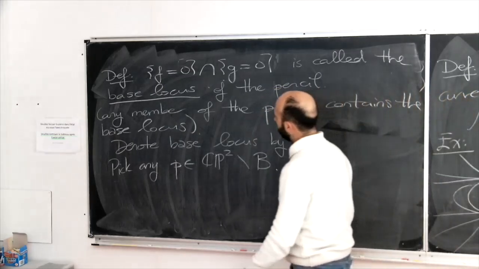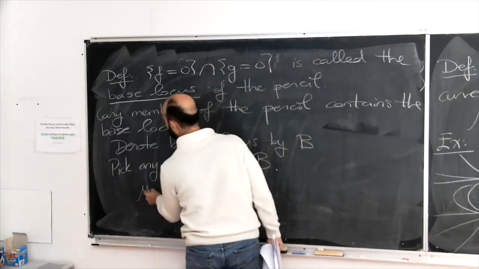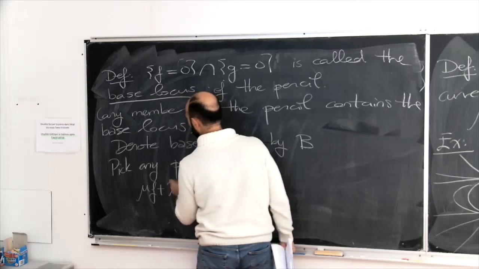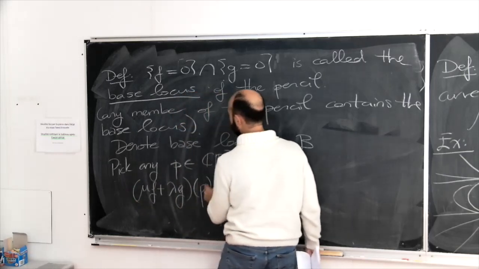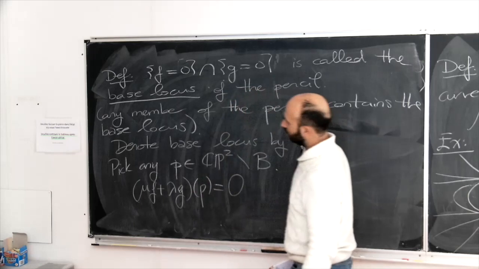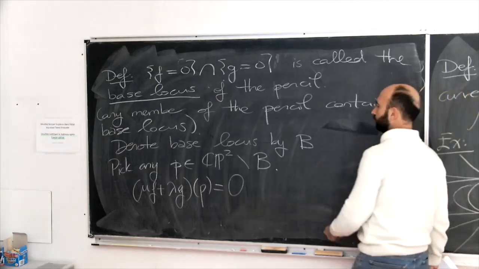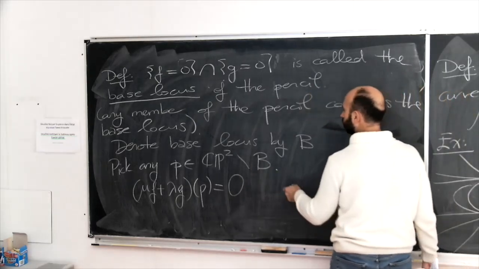Now let's look at the condition for a member of the pencil to pass through P, which means this quantity being equal to 0. Since P is not in the base locus, either f(P) or g(P), or maybe both, are non-zero.